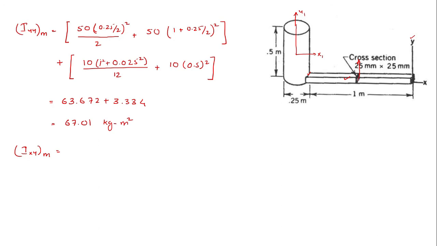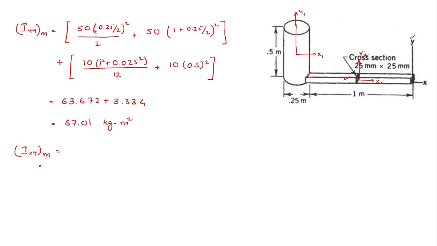So this is x2 and this is y2 here. So as such, I can obtain the product of inertia of both the cylinder as well as the rod with respect to this axis shown here. So Ixy, the product of inertia, will be equal to.